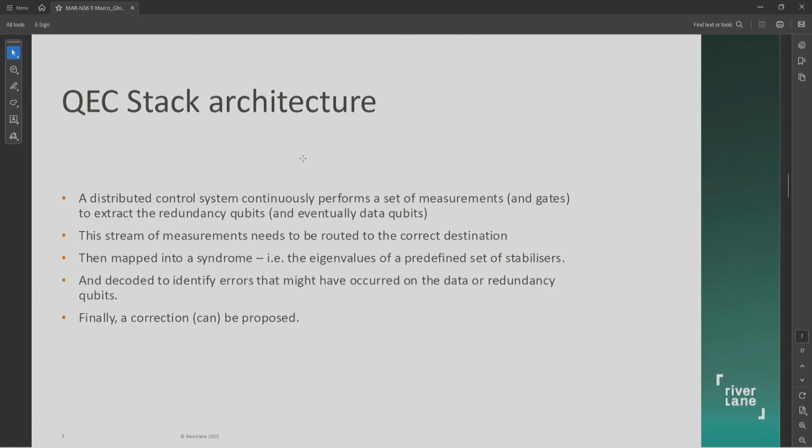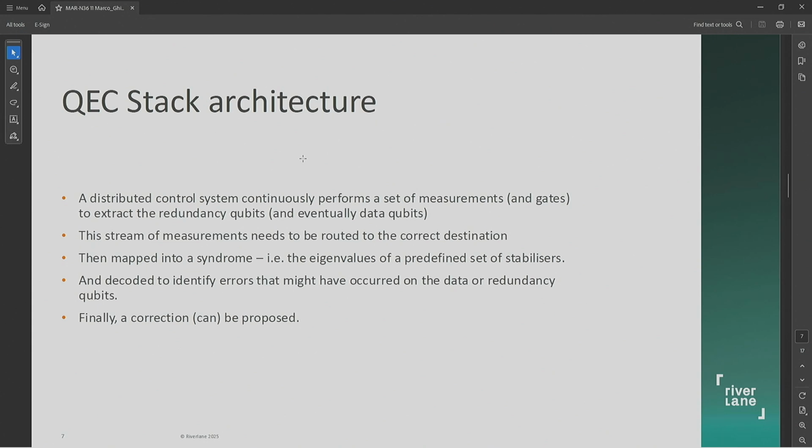Now, what are the requirements before we jump into an architecture? They're quite straightforward, and all the talks today were addressing some of them. We need a distributed control system that can scale, with enough qubits in terms of control and readout. We need a way to route the information of the measurements and tell also where they're coming from, not just send them as labeled data.